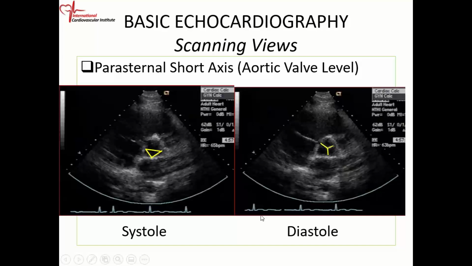So the normal aortic valve has 3 leaflets. When it opens, it forms a sort of triangular configuration. When it closes, it makes a Mercedes-Benz sign.